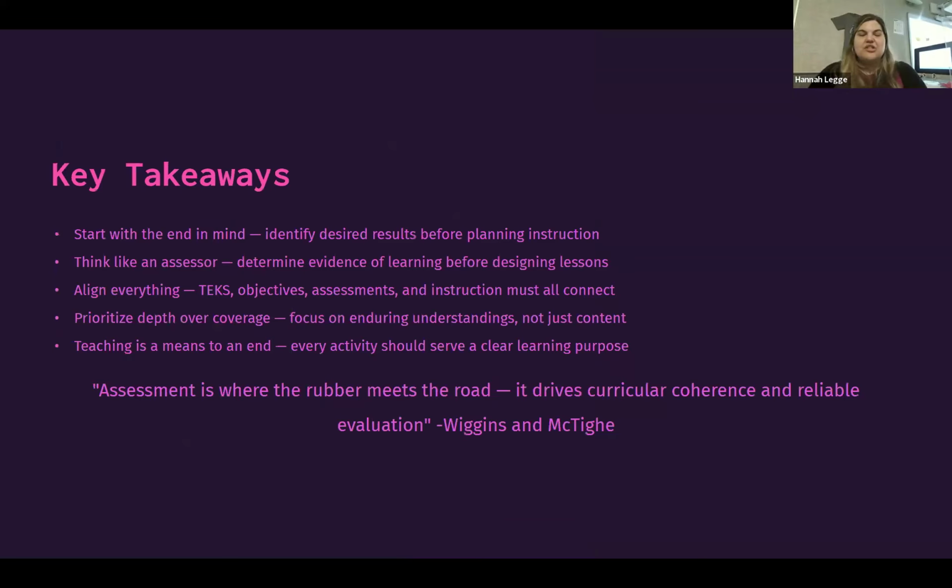I know this was a lot of information, but I want to look at some key takeaways. So you need to start with the end in mind. Identify desired results before planning instruction. Think like an assessor, and determine evidence of learning before designing lessons. So I remember at the beginning of this PD, I was talking about how the desired outcome is like the STAAR test.